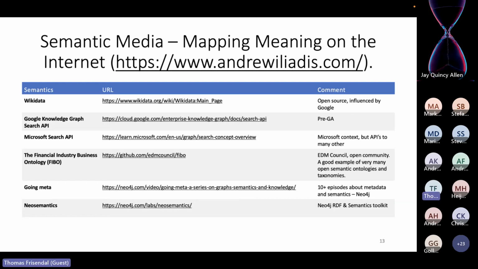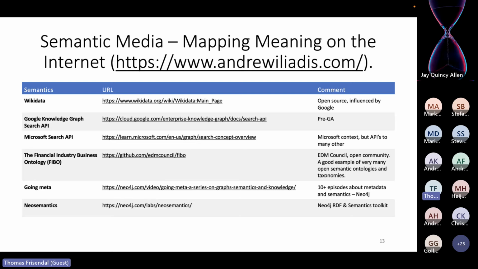But talking about the semantic standards, RDF and so forth, these days people are making a lot of effort to implement knowledge graphs. And if you talk about knowledge graphs, you are sort of forced to recognize that there are knowledge representations out there implemented as RDF. Here are some good examples. They come from a book by Andrew Iliadis called Semantic Media.